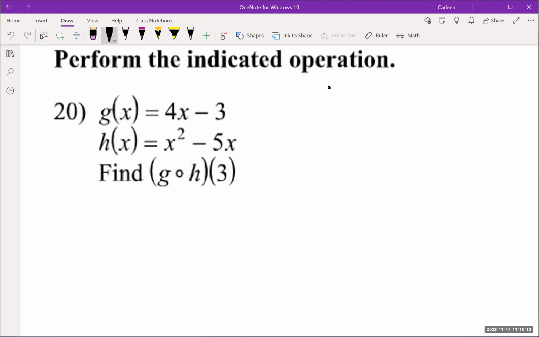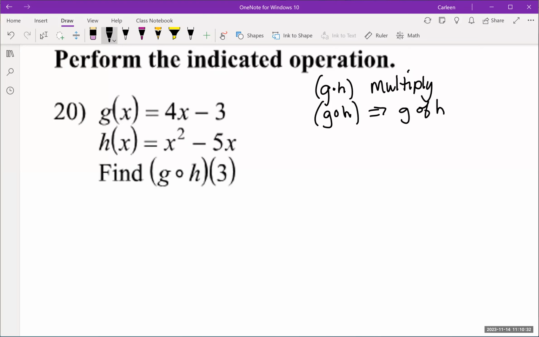Notice if it said this, then we multiply. The donut is G of H, which is composition.